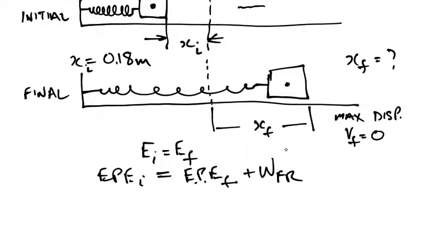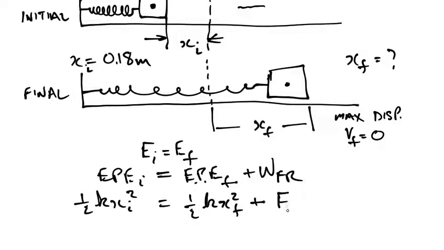So, how much do we have initially? Well, it's 1/2 k x initial squared. And finally, we have 1/2 k x final squared plus the force of friction times the distance it's traveled.